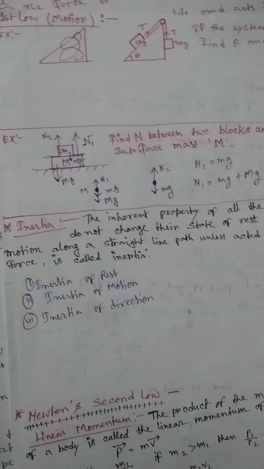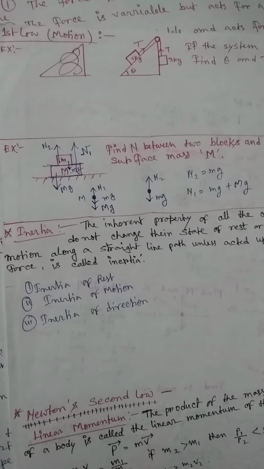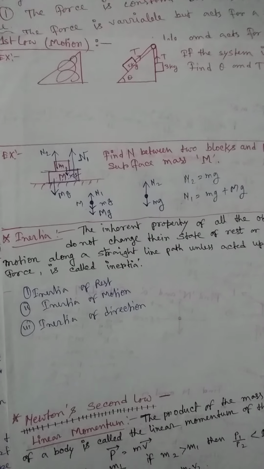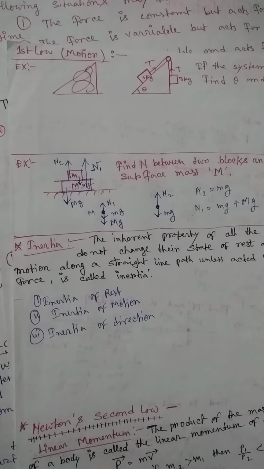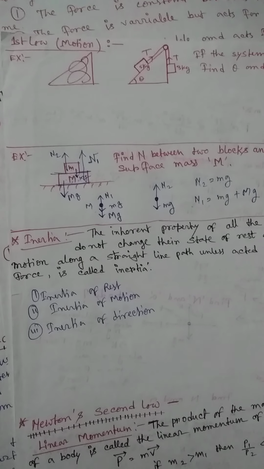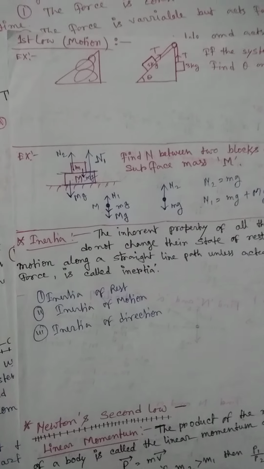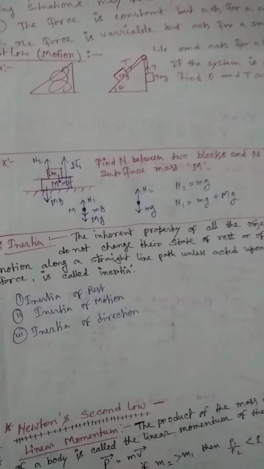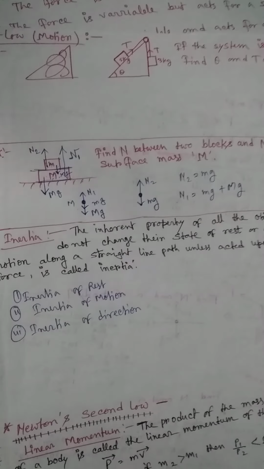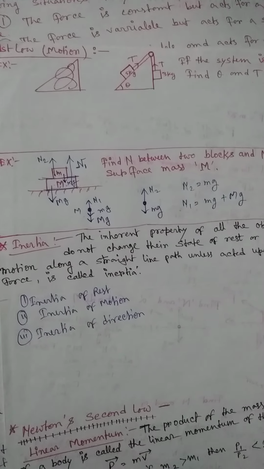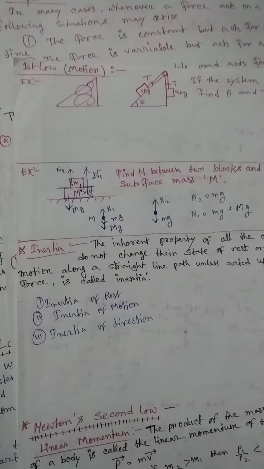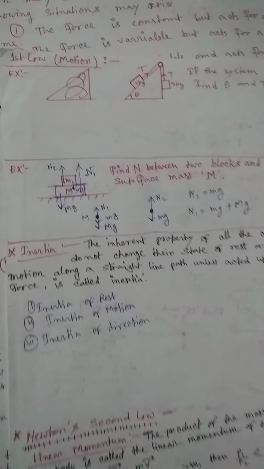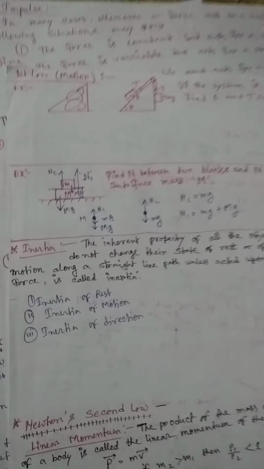That means it always remains in uniform motion. So this inherent property of a uniformly moving body is called inertia of motion. Inertia of direction means if a body is moving along a straight line, then without any external force, the direction of that body cannot change, and this property is called inertia of direction.